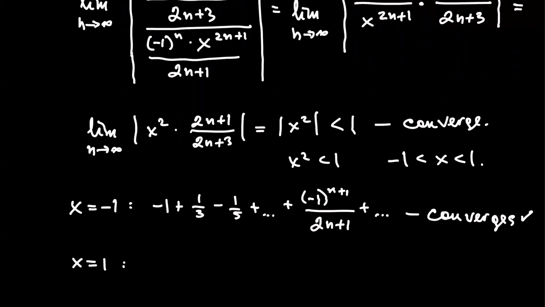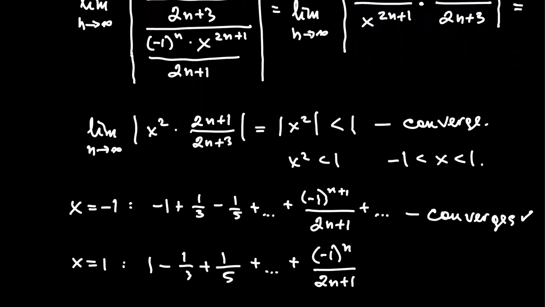And similarly, for x equals 1, the series is 1 minus 1/3 plus 1 over 5 and so on. The general term is negative 1 to the power n over 2n plus 1. And again, by a similar argument using the alternating series test, because the terms are decreasing in absolute value to 0, it also converges.